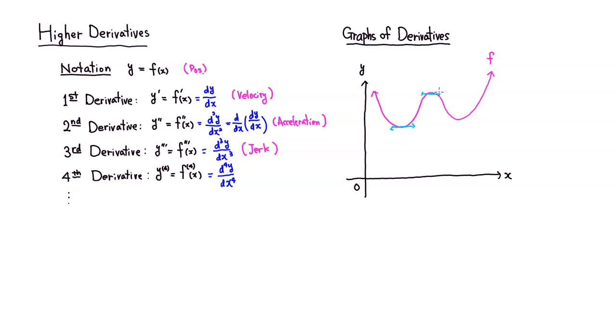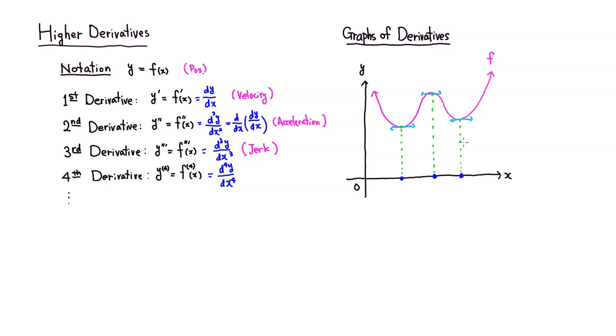So you can just indicate those points. Horizontal means that the slope is 0, so the derivative must be 0 there, which means it goes through the x-axis.